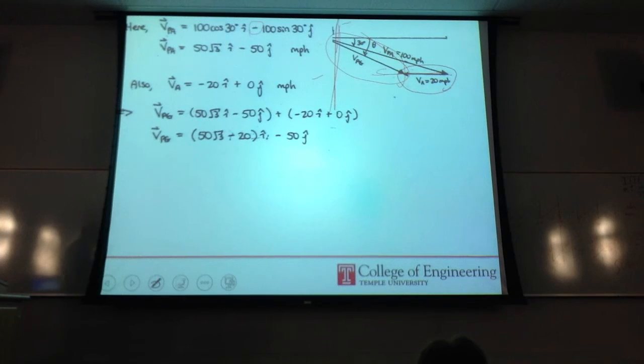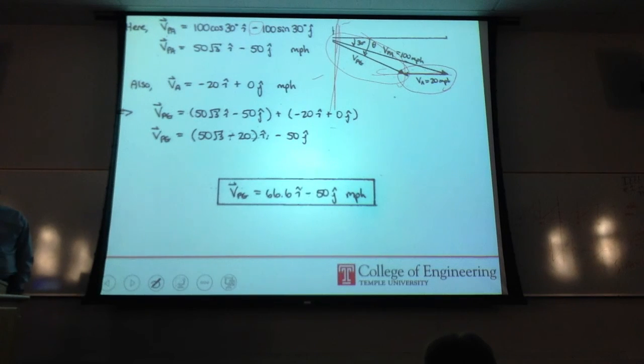All right? Which simply results in this. So I have represented it in a Cartesian system.